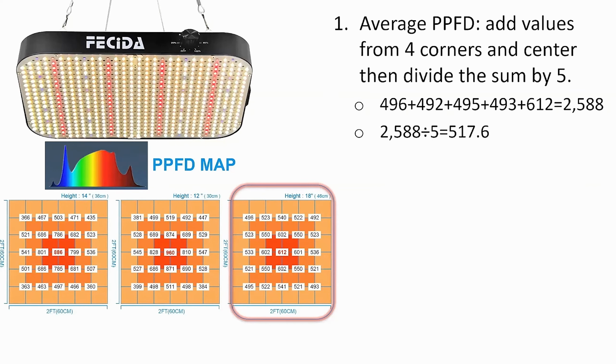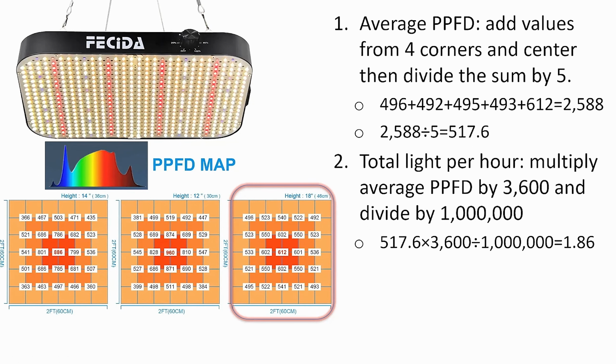So the first part is just to make an average by adding the four corners of the PPFD map and the center, and then divide that by 5. And that's what we have here. We have an average of 517.6 PPFD.